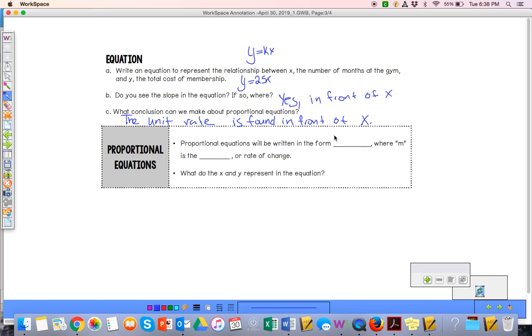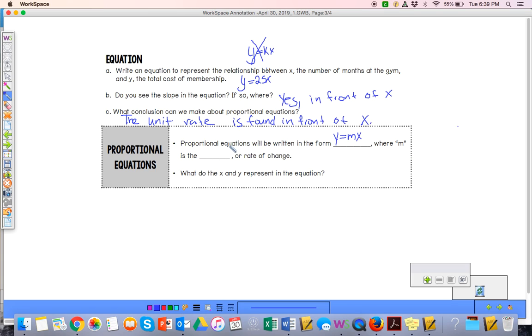We just do. So we're going to use y equals mx because the next lesson we're going to talk about non-proportional relationships, and those don't go through the origin. They still make a straight line, but in that one we use y equals mx plus b, and this b right here tells us where it crosses the y-axis. So from now on, when we talk about proportional relationships, we're going to say y equals mx instead of y equals kx.